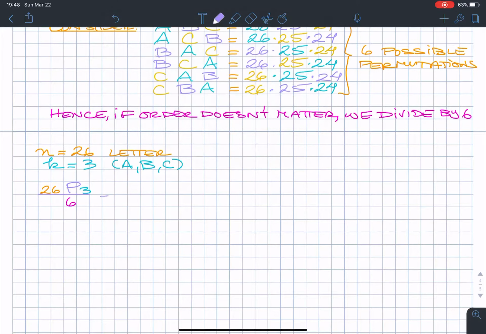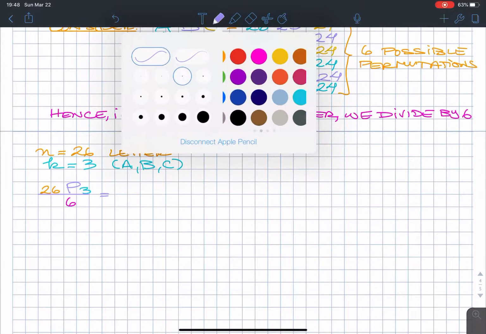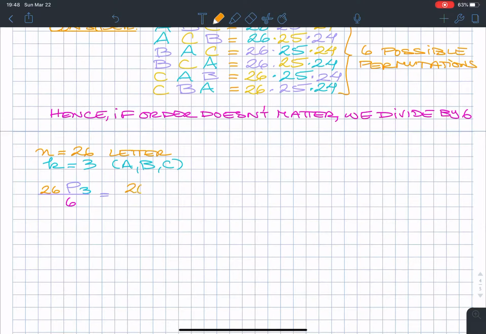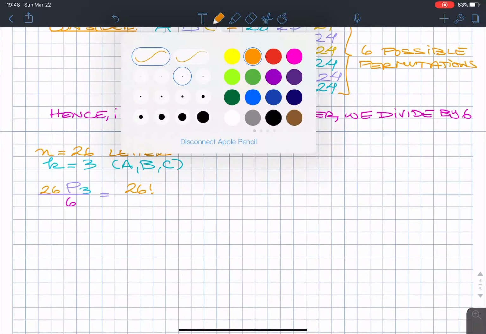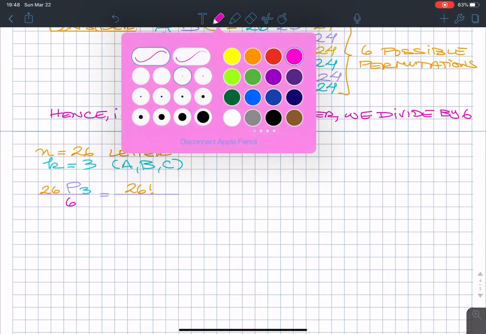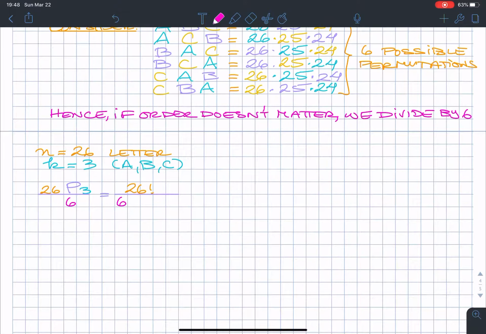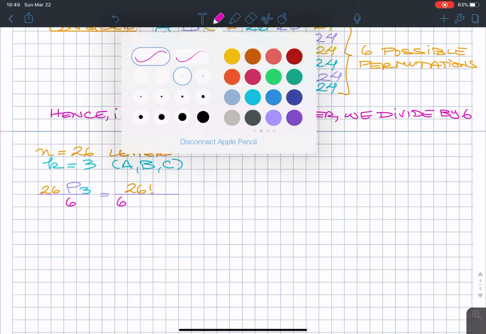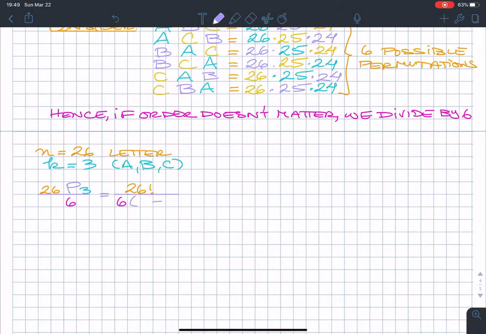So what does that give me? Well, 26 permute 3 I know is 26 factorial divided by, well, I've got this 6 down there, that's just coming along for the ride. And then I'm going to have 26 minus 3 factorial for the permutation.